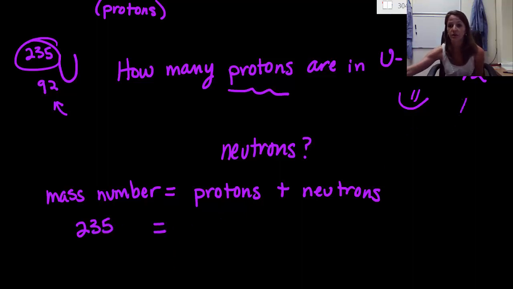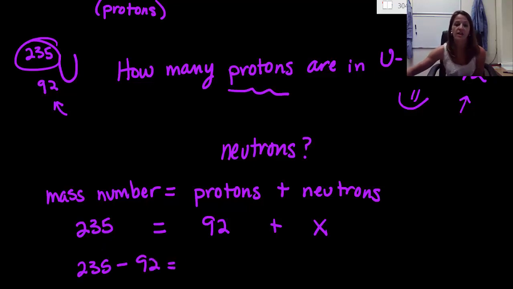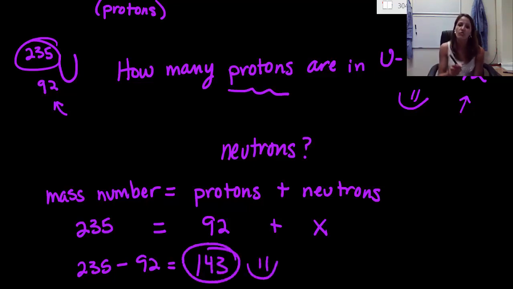That was our previous question. We came up with the answer 92. So 92 goes here, plus, and I'm just going to use an algebraic x to represent our number of neutrons. All you had to do was go 235 minus 92, and if you are super brilliant, you could do that in your head. If not, a calculator would suffice, and you would come up with the number 143, which is the correct answer. Hopefully that makes sense.